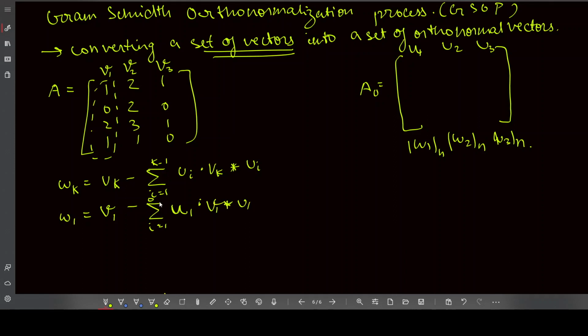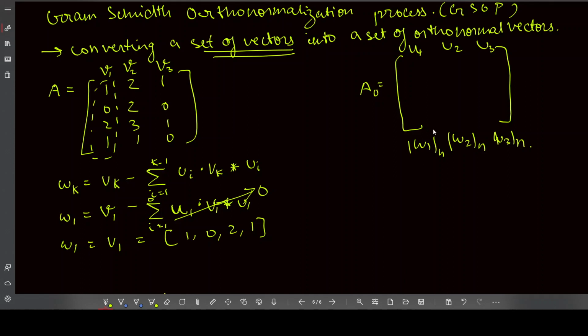But because this goes from 1 to 0, in the first iteration, I cannot do this. So this is just 0. So in the first iteration, w1 will only be equal to v1, which basically means that it's equal to 1, 0, 2, 1, right?